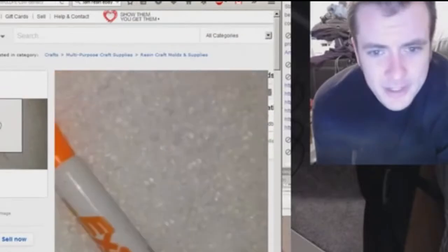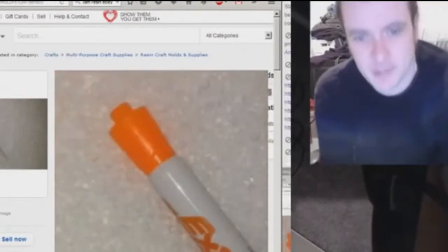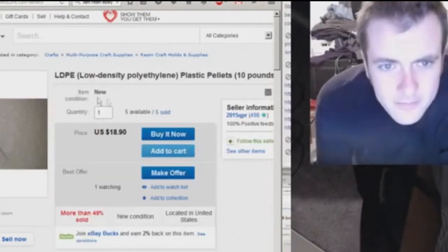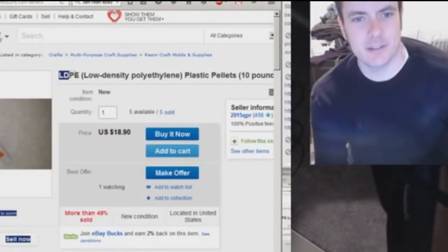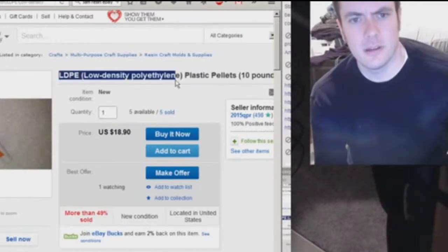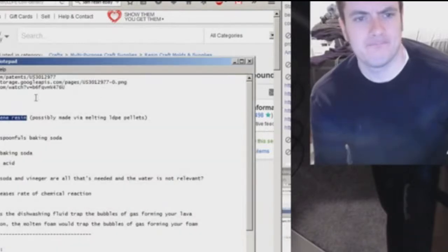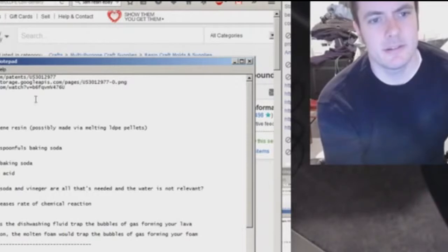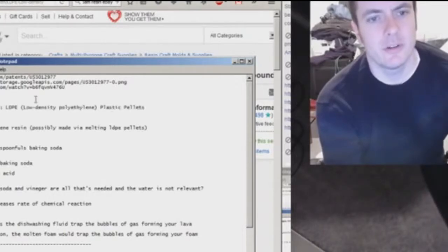It looks like a marker, but you can see the pellets behind it. They're just clear white pellets. I'm just going to go ahead and do this. To buy pellets, order.